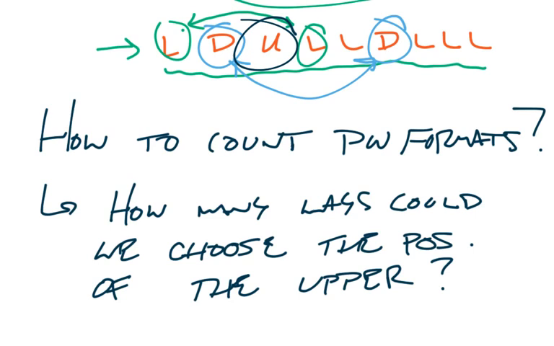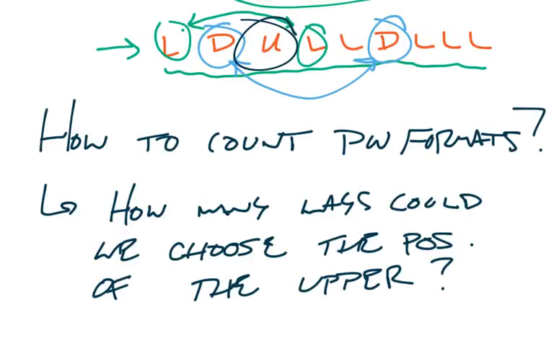How many ways could we choose the position of the uppercase letter? We're going to have to answer this question for all the different character types, but we have to start somewhere. Remember, I said this is going to be a mantra in this class, and it really, really is. All right, we have to start somewhere, so let's make it simple. Right, let's start with the thing that there's only one of, which is an uppercase letter. How many ways could we choose the position of the upper?